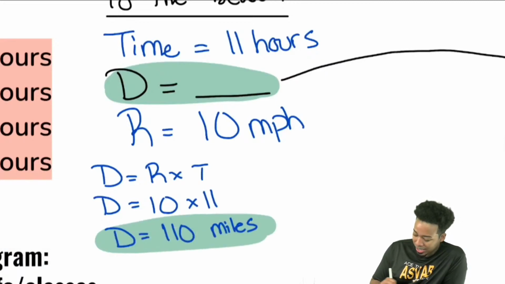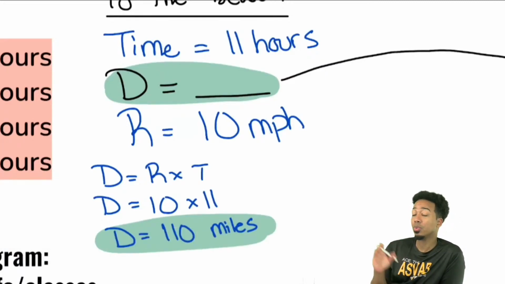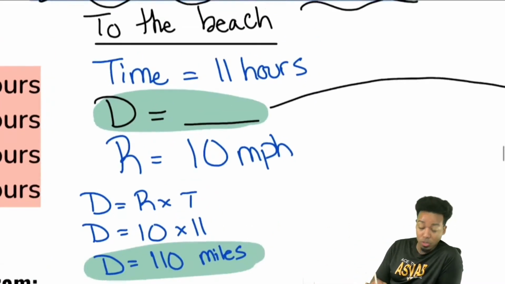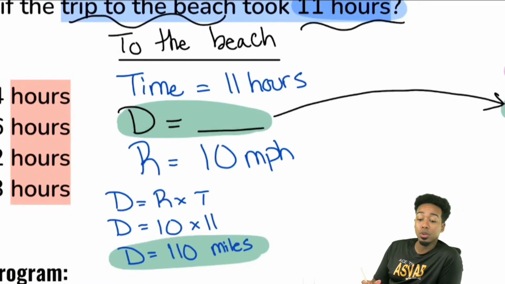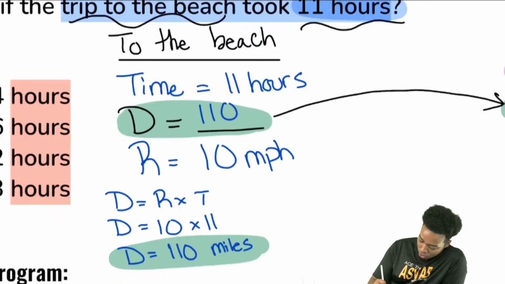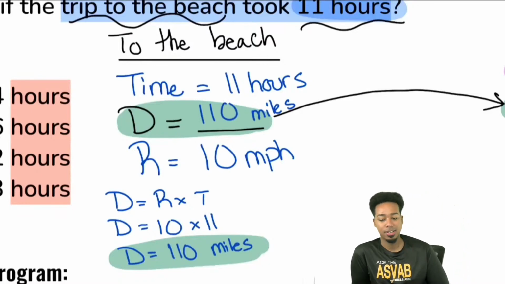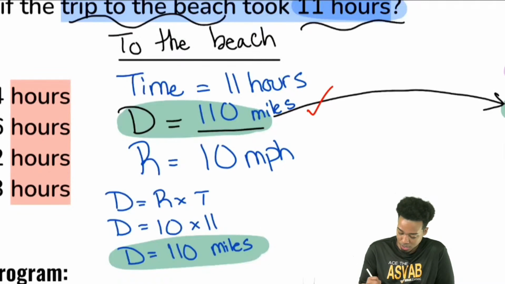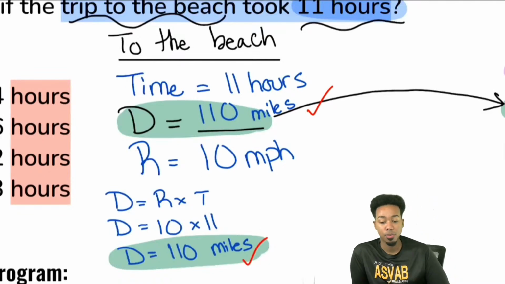And again, what we clearly said, everybody, was that if we find the distance to the beach, we now know what? Now that we know the distance to the beach, we now know the distance.